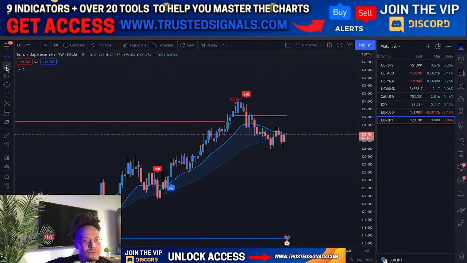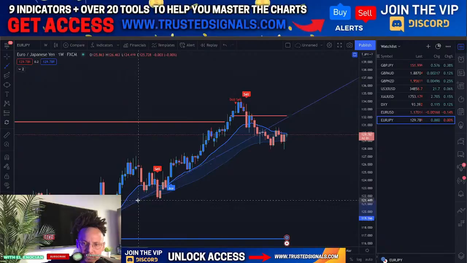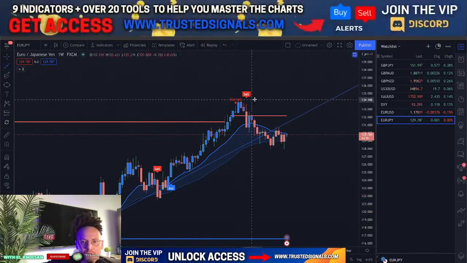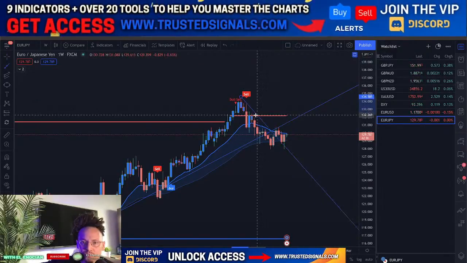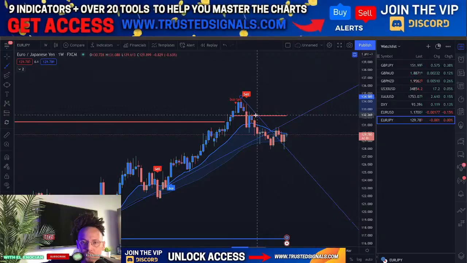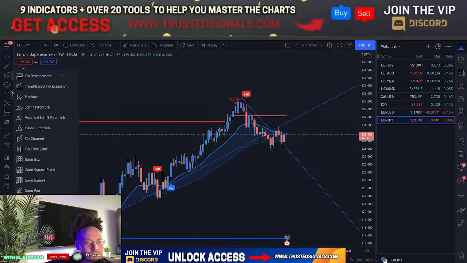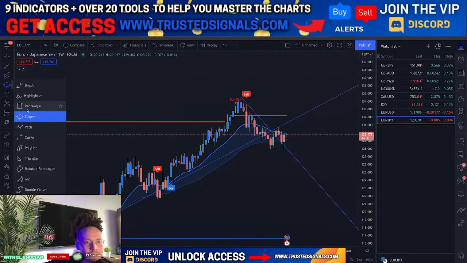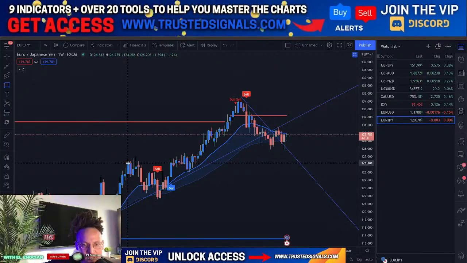We could start off with doing simple trend lines and also with zones right here. And let's go ahead and pull up some zones. With the rectangle tool, you're going to find candle closes like these.